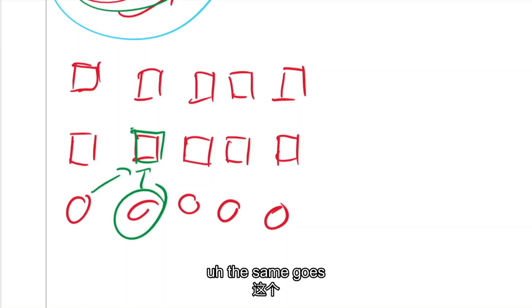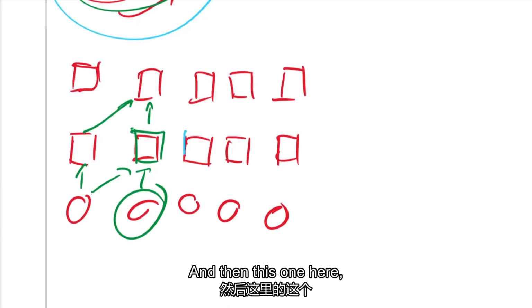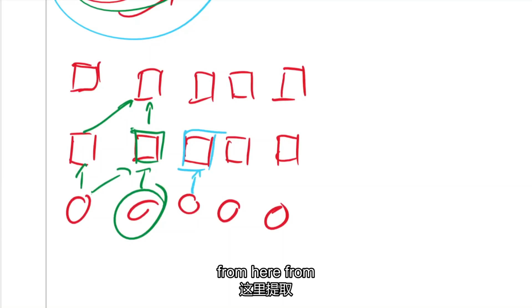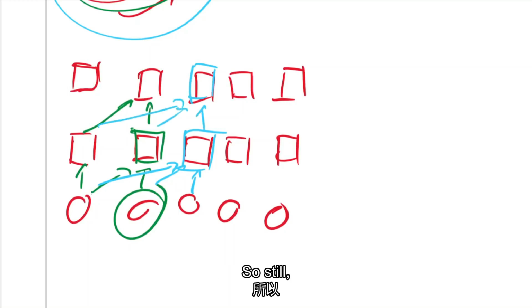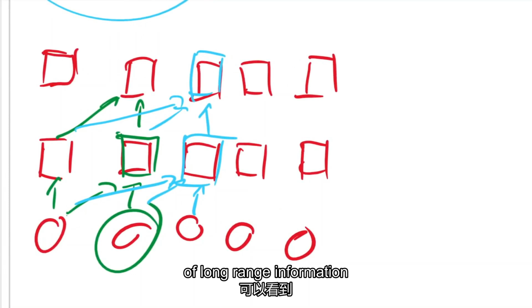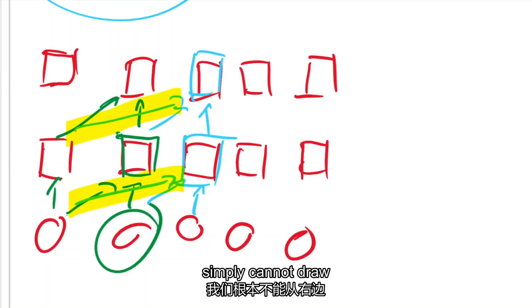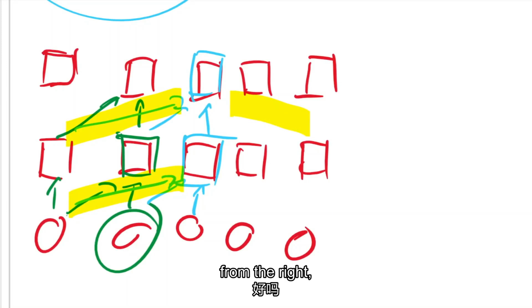The same goes for this one, and this one here, and then this one here. It can draw information from here, from here, from here. And this one can draw information from here, from here, from here. So you still see the property of long-range information by means of connections like this one or this one. However, we simply cannot draw any information from the right.